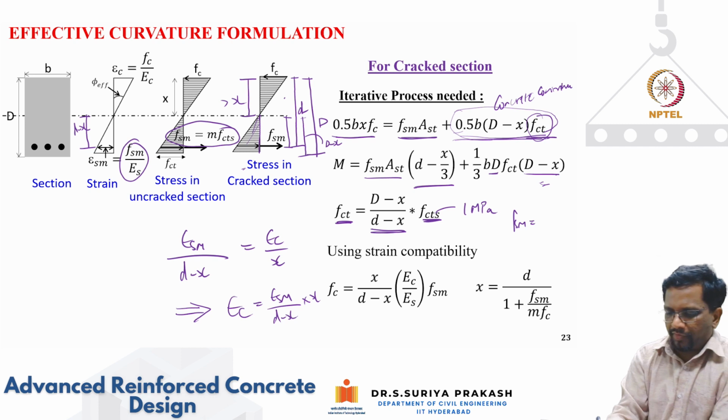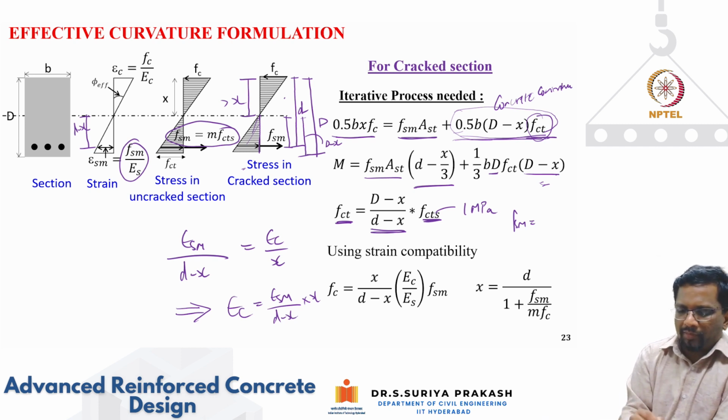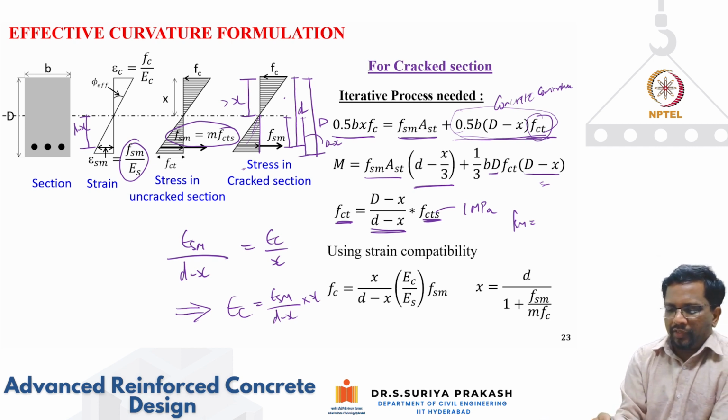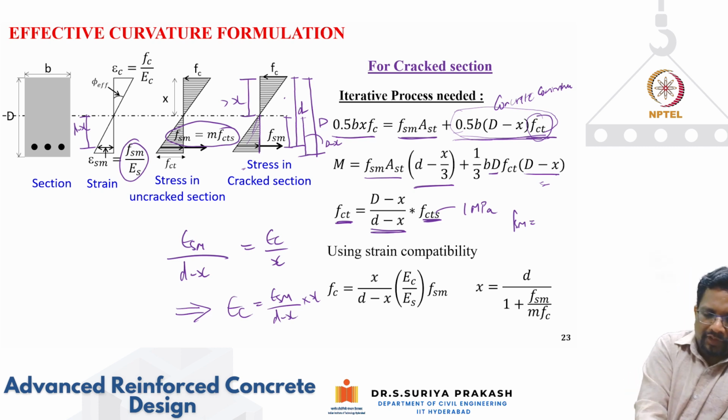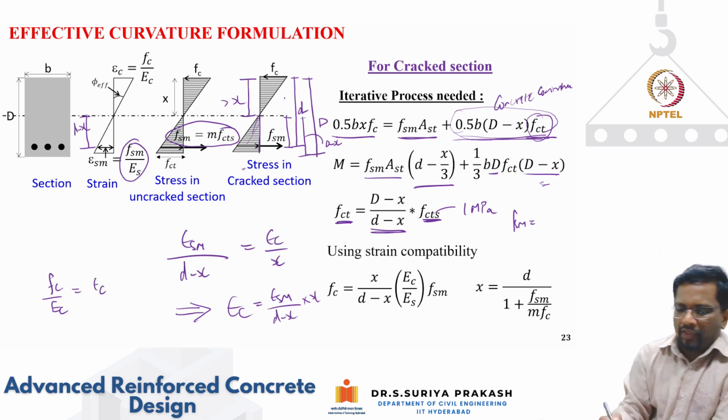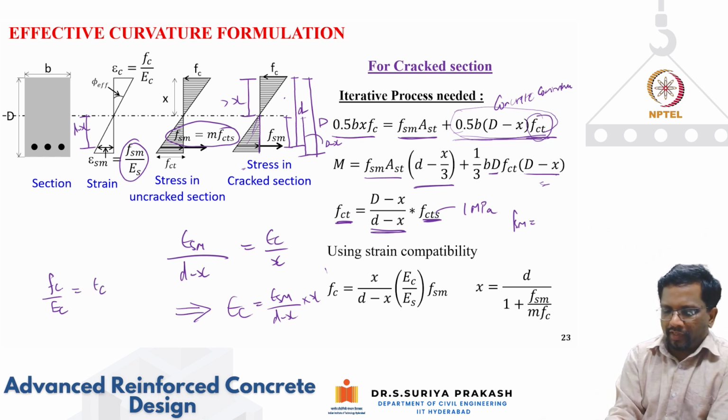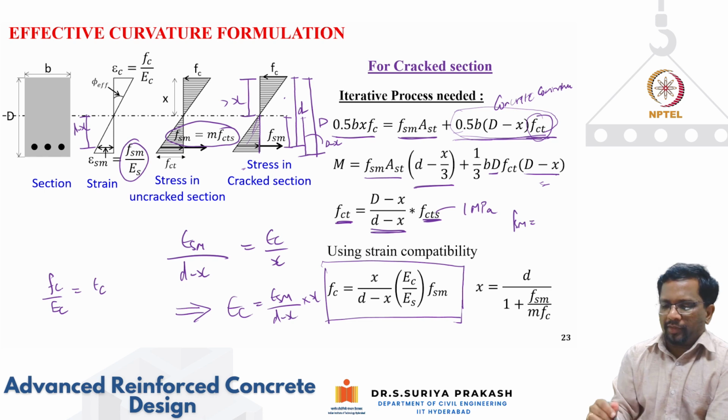So that is what we have done. Now how to get my stress from strain? I can get epsilon c strain as stress in the concrete by elastic modulus Ec. So that is your epsilon c, right? So using this I can get fc as x by d minus x times Ec by Es multiplied by fs.